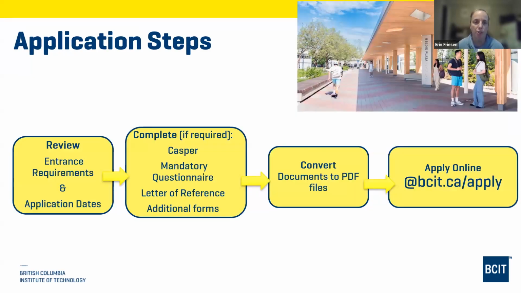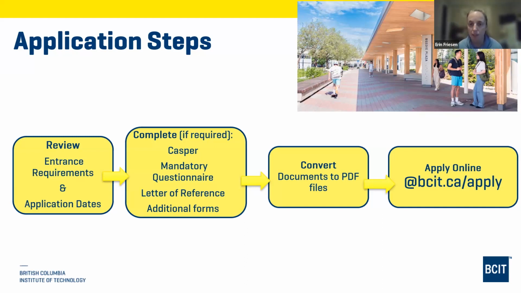So for the application process, you will need to review the entrance requirements, ensure you meet them, and then look to see if you're meeting the application dates. In this particular case, we have no additional information required. Some programs require you to fill out CASPER or a mandatory questionnaire. We do not have those required, but you will need to get your transcripts from your previous education.